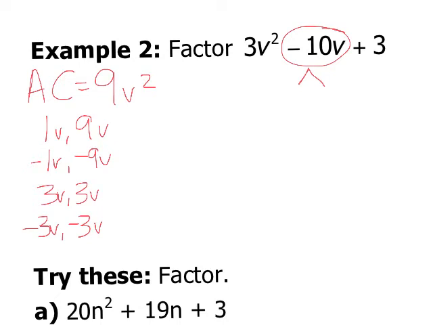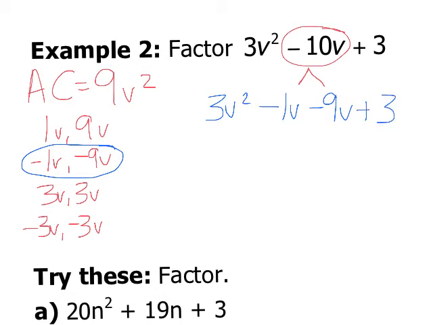These are my possible factors to pick from, since I've taken AC into consideration. I'm going to pick negative 9 and negative 1, because those are the 2 that add to negative 10. So I replace negative 10v with negative 1v minus 9v. Bring the first and last terms down, so 3v squared and plus 3.